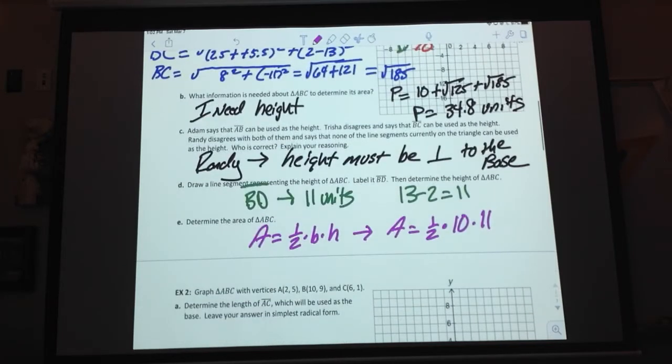So I know that area is equal to 1/2 times 10 times 11, or 55 units. Now, remember, area is always units squared. So my label is units squared.